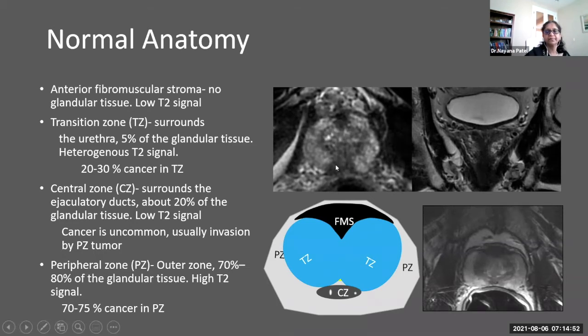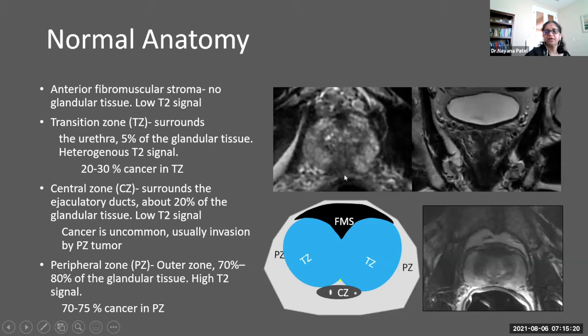Central zone, it surrounds the ejaculatory ducts. It contains about 20% of the glandular tissue, and normally it has low signal intensity. It is seen as the low signal intensity teardrop symmetric structure at the base of the prostate gland on coronal sequence.